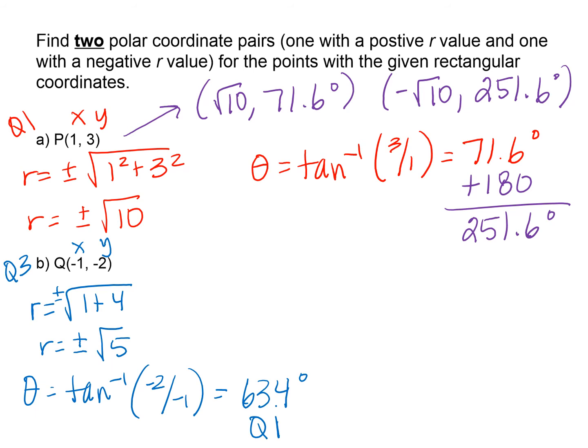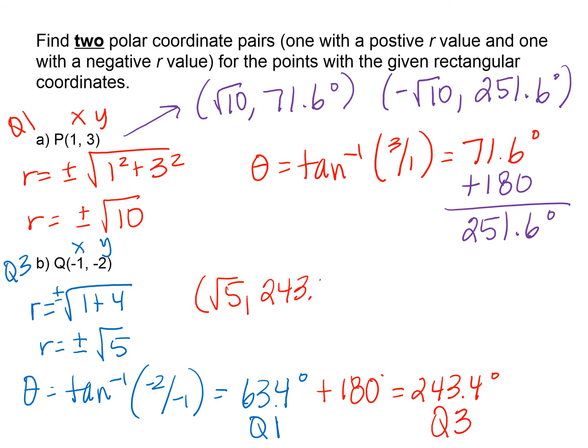Now remember, 63.4 is in quadrant 1. But this point is supposed to lie in quadrant 3. So if I'm going to use the positive r value of the square root of 5, then I'm going to have to add 180 degrees, which will give me 243.4, and that is in quadrant 3. So again, for that positive r value, I would have 243.4 degrees.